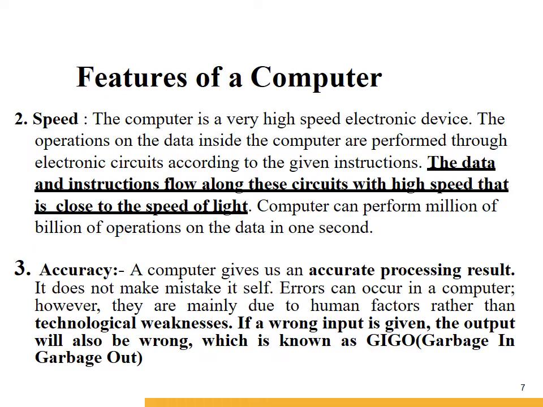For example, an incorrect data or a wrong coded program may cause an error in the computer. So if a wrong input is given, the output will also be wrong, of course. Which is known as GIGO, that is garbage in, garbage out.